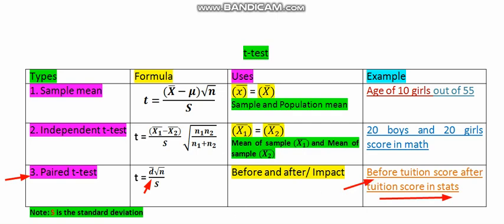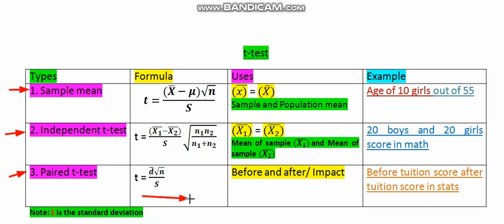So these are the three different uses for which we use the different kinds of t-tests. One is the sample mean test, which is between the sample and the population. The second one is the independent t-test, where we have two different groups, x1 and x2. And in the third test, the paired t-test, we measure what we call the before and after, or the test of impact.